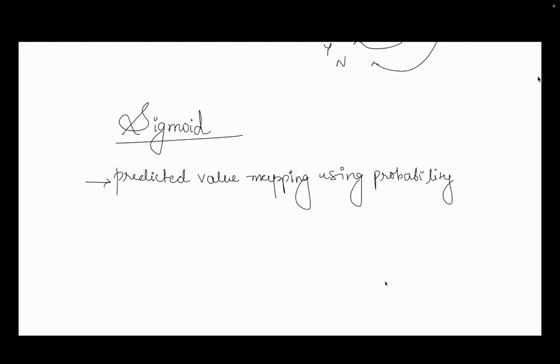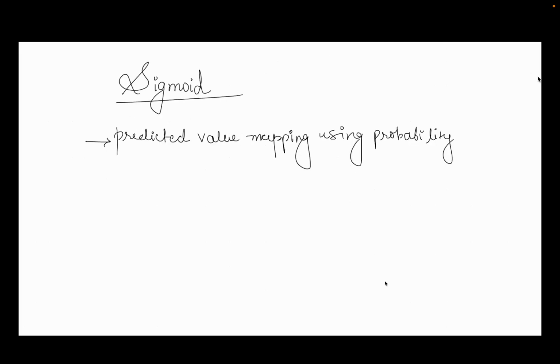Why do we call this the sigmoid function? Because the curve it creates is in the form of an S kind of structure like this. As I have shown you already, this is the 0.5. Now you will see the 1 is going to come somewhere here. The 0 is already here like this. Now, if I want to draw the curve, it is going to be somewhat like this.